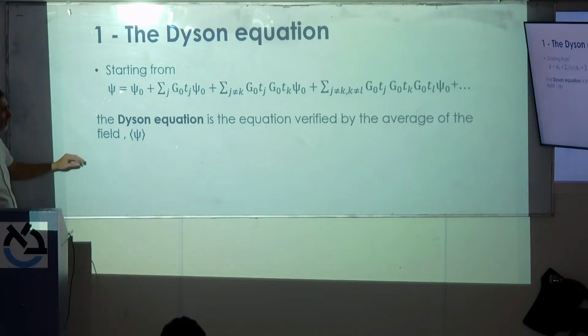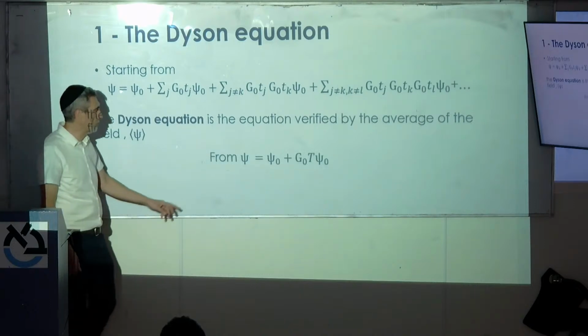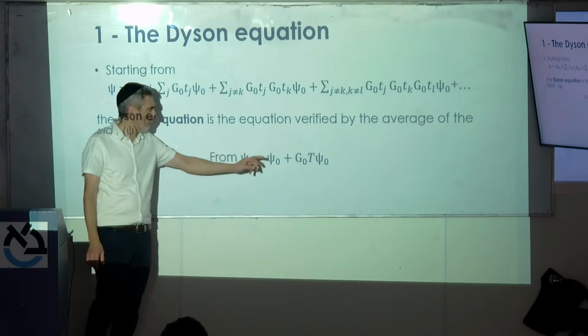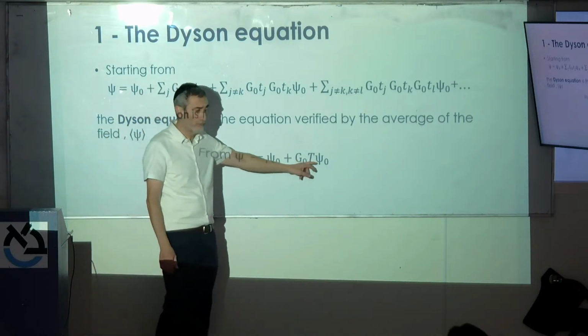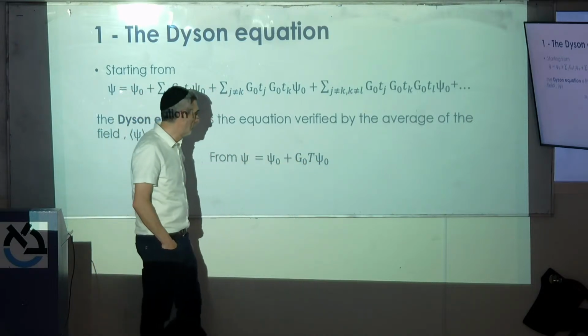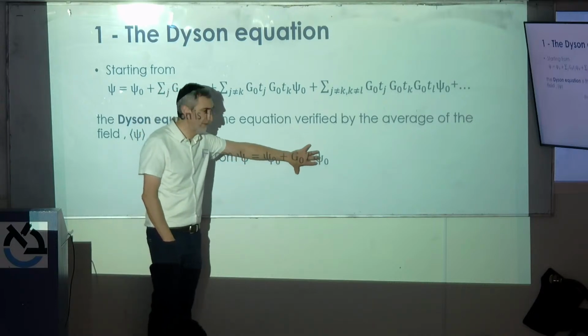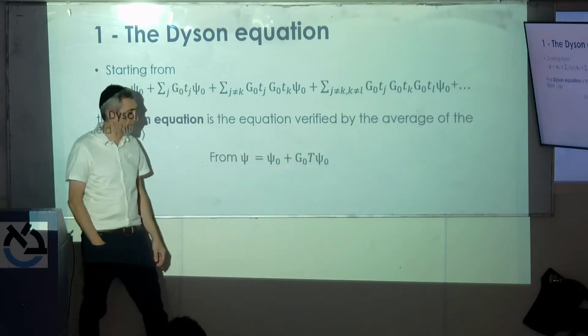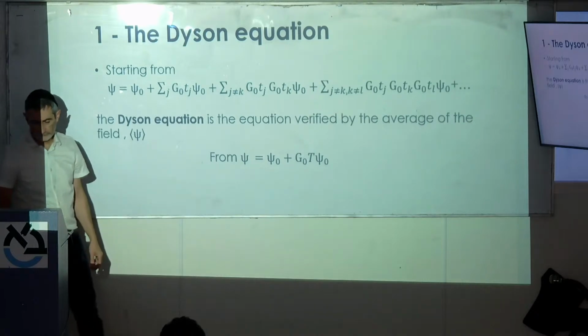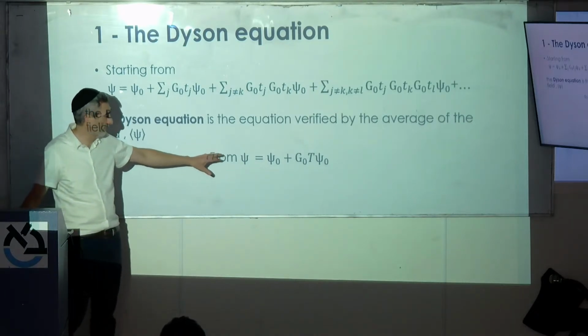So the Dyson equation, average of the field here. You take this expression, you remember psi is psi 0 plus G0 T psi 0. No psi here. All the scattering is embedded in this term. Now you average this term.